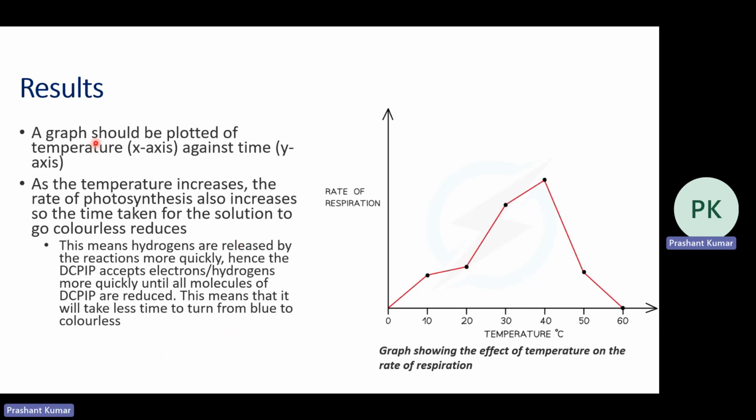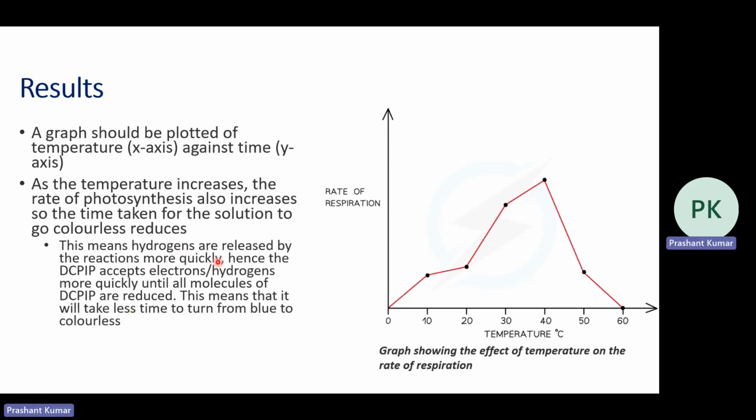So what result will you find? A graph should be plotted of temperature against time. As the temperature increases, the rate of photosynthesis, sorry, it's not photosynthesis, it's aerobic respiration, I will change it, also increases. The time taken for the solution to go colorless is going to reduce.